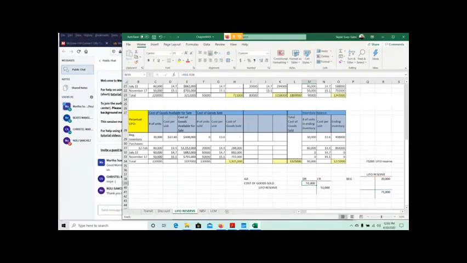So we debit cost of goods sold and we credit our LIFO reserve for 51,000. So 51,000 goes here, and that will be our ending balance. Any questions about the LIFO reserve?